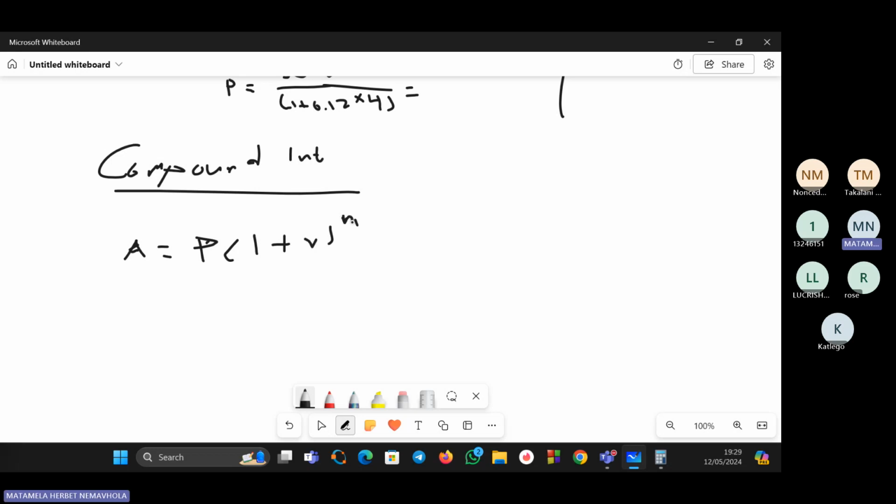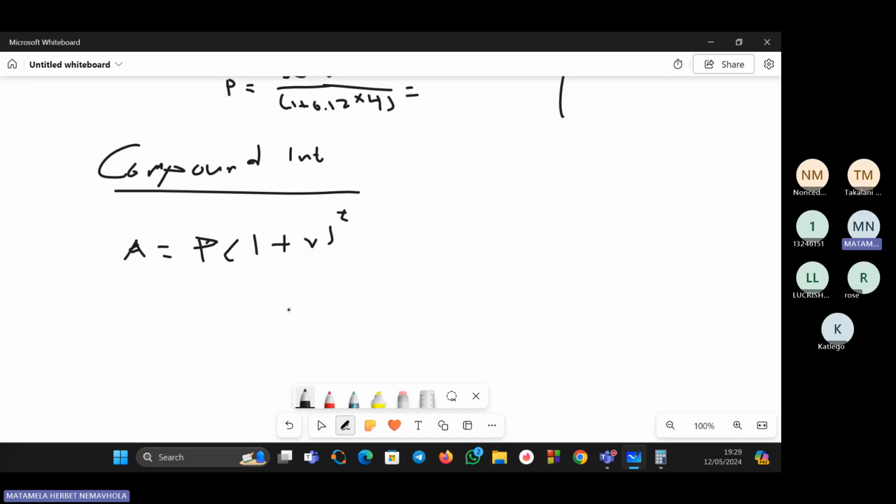When you remember this formula, it's still not the power N, let me use T, as I'm teaching you guys with T today as terms. So you know A is the accumulative amount, P is the principal amount, R is the interest rate, and T is the number of years or terms.